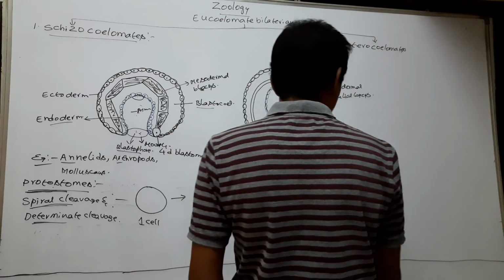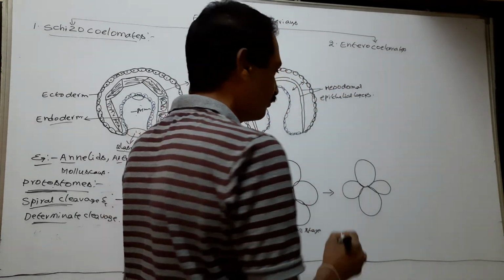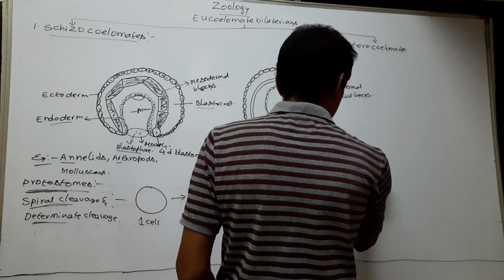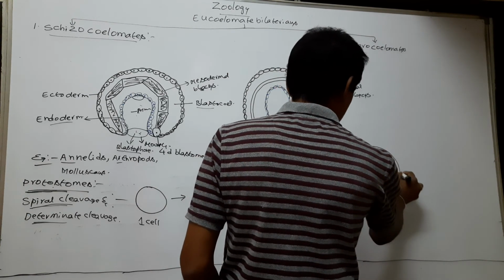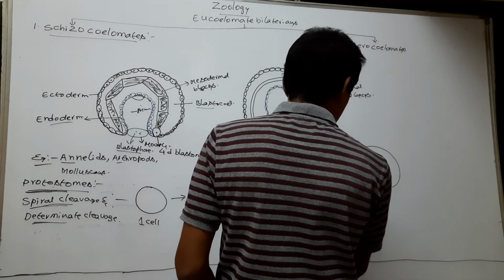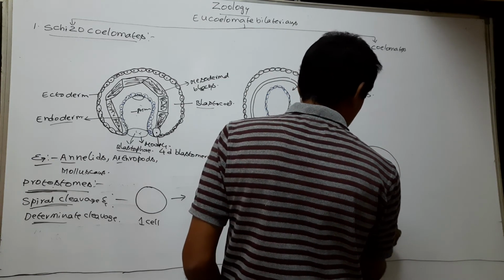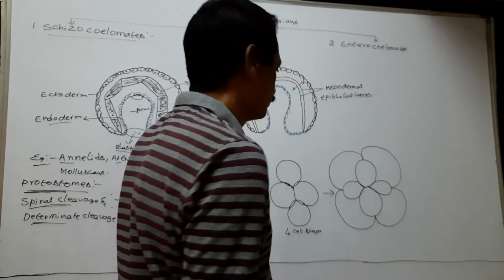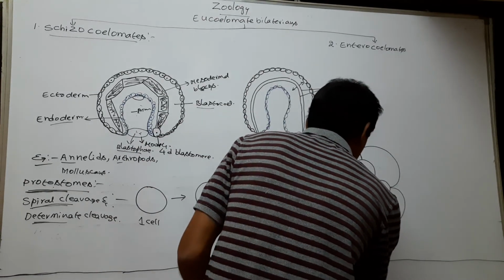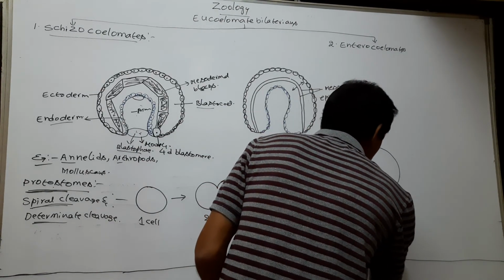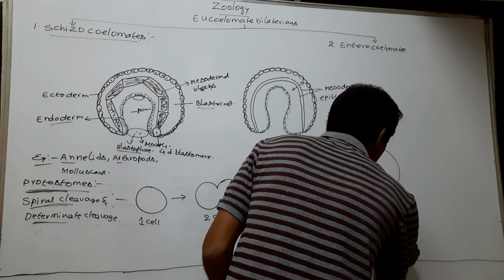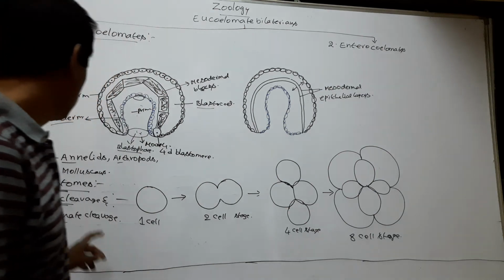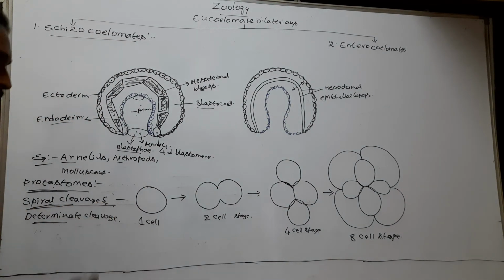Next, the 8 cell stage. So, what is spiral cleavage?